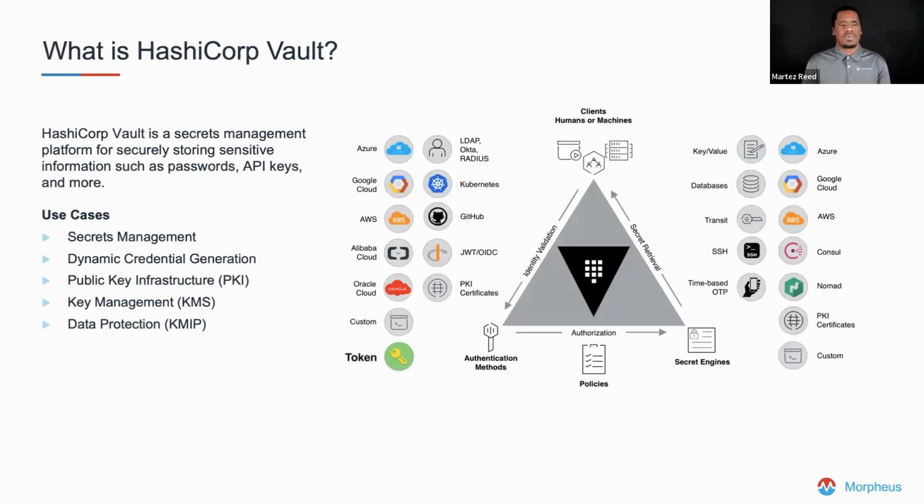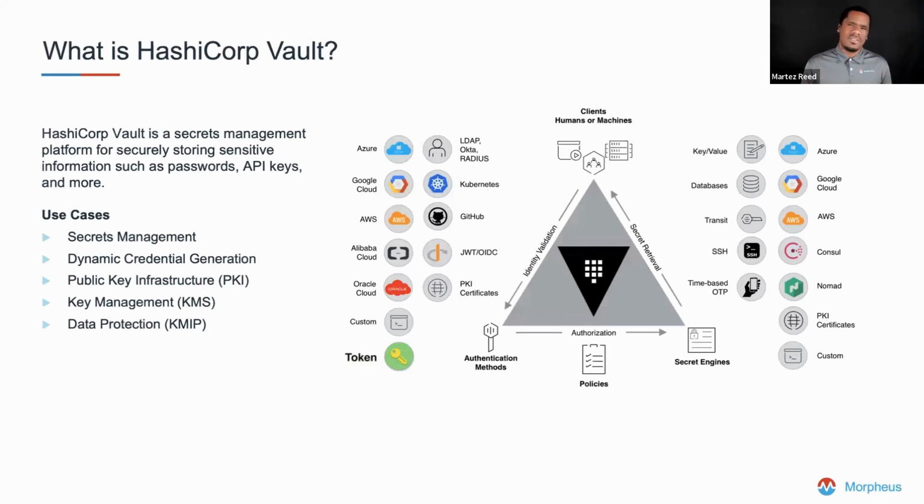And then finally, data protection or KMIP. That includes a number of integrations with third-party platforms that utilize or leverage that protocol for encryption of sensitive information for the third-party platform. So a number of different use cases for HashiCorp Vault over and above just static secrets management.